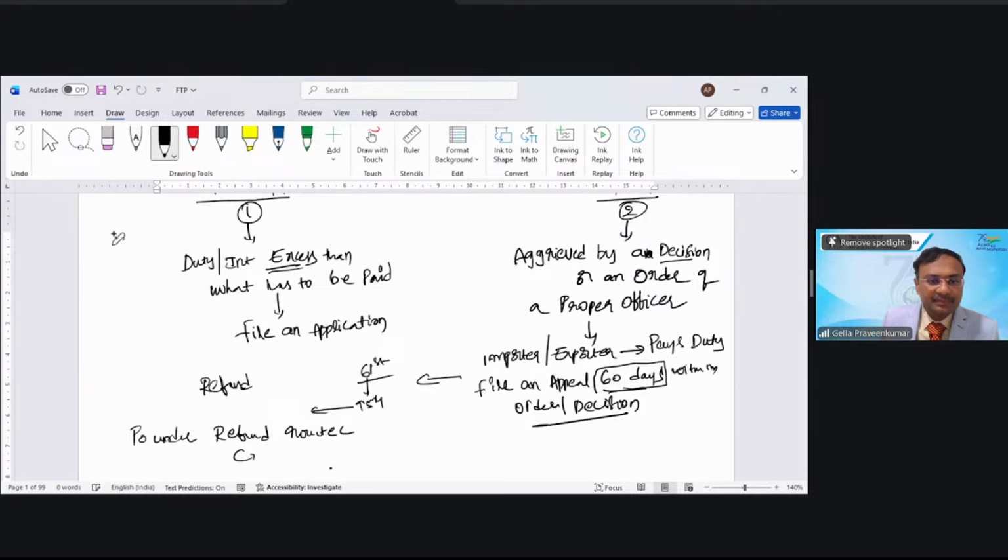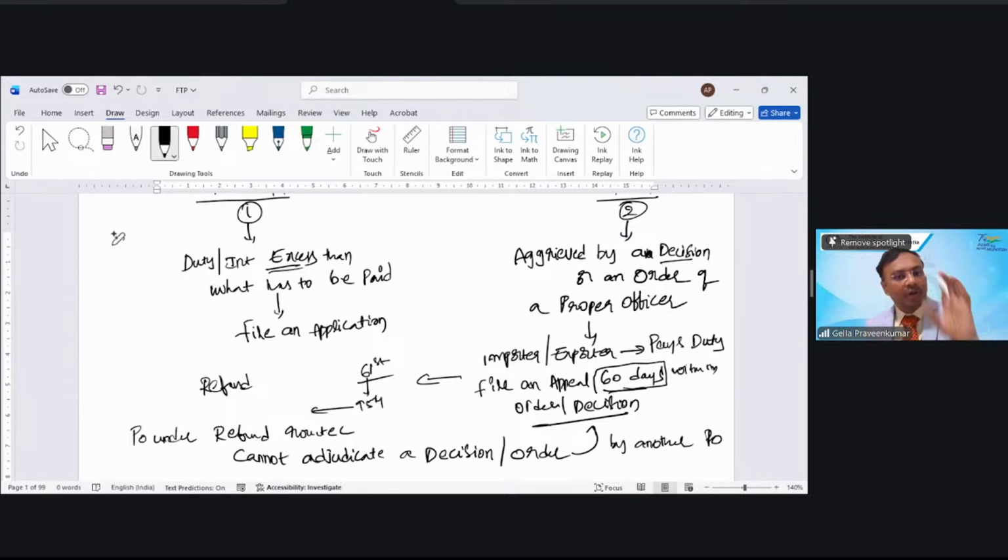cannot adjudicate a decision or order by another proper officer. That means to say, the job of the proper officer for refund is different.